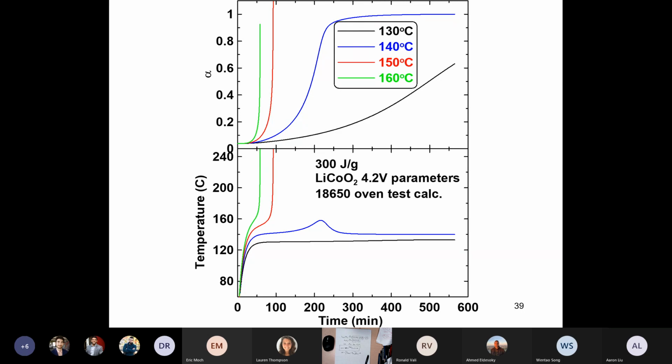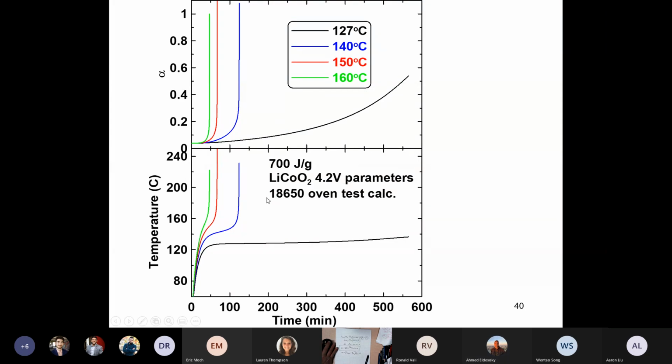So if you had a bomb calorimeter and you were measuring the temperature of the reactants and you knew exactly how much heat was being transferred to the environment at any temperature, then you could back all this out. It's just a lot easier to do it when you know the heat transfer to the environment is zero in the ARC. It's a lot easier to get the kinetics. Is that useful? Yeah, that makes sense. Thank you.